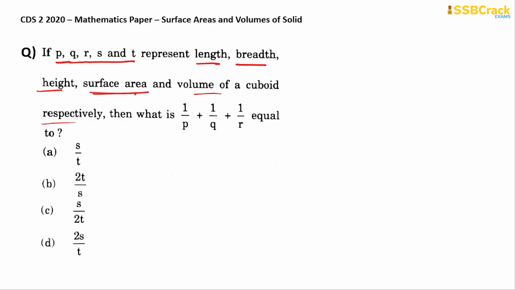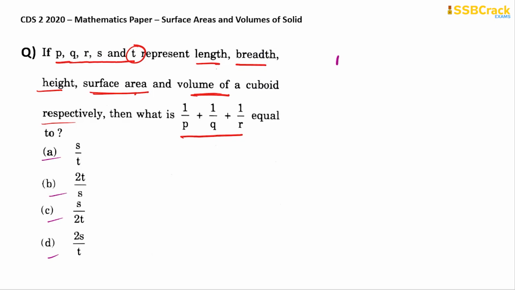Surface area means total surface area of that cuboid, and the volume of the cuboid is denoted by T. So we shall determine for this particular question the value of the expression 1 by P plus 1 by Q plus 1 by R, the sum of 1 by P, 1 by Q and 1 by R. So let's determine and check which option matches with this value of the expression.